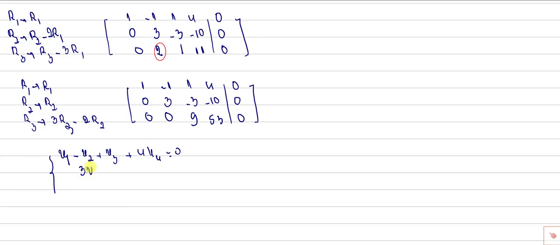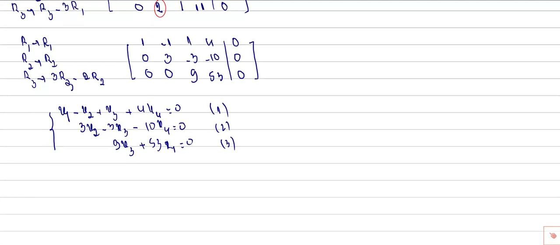This one is 3x2 minus 3x3 minus 10x4 equal to 0. And 9x3 plus 33x4 equal to 0. So this is equation 1, equation 2, and equation 3.